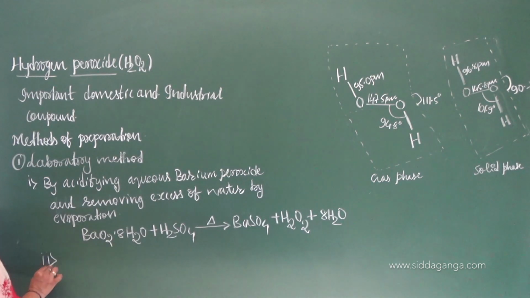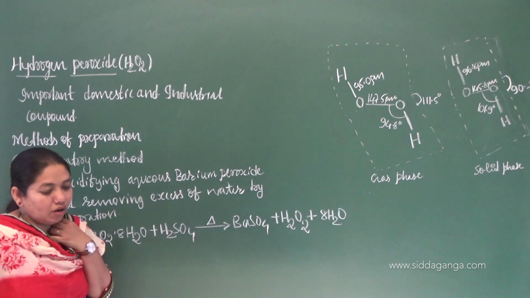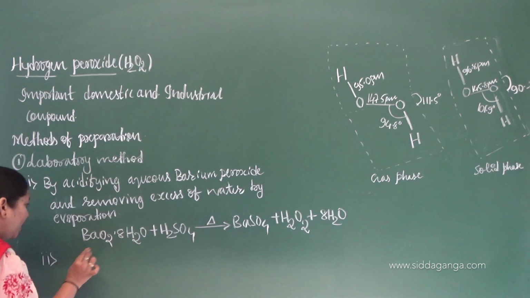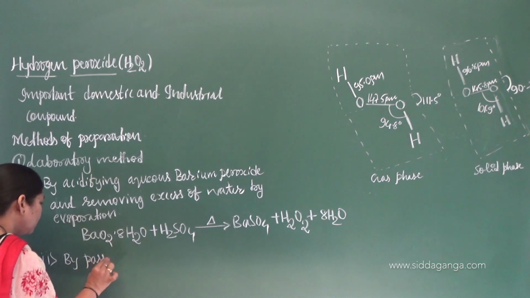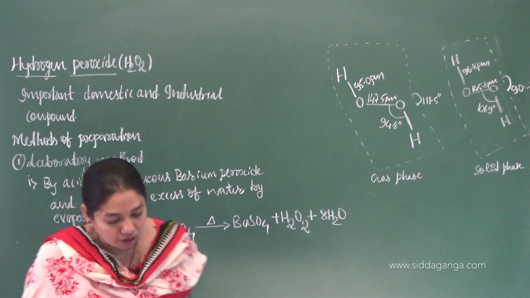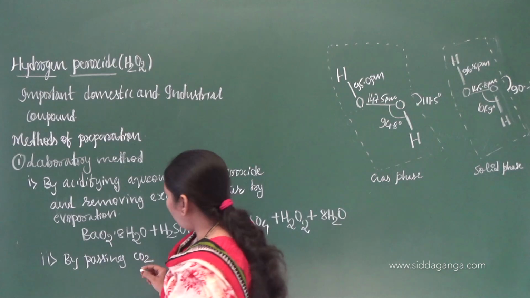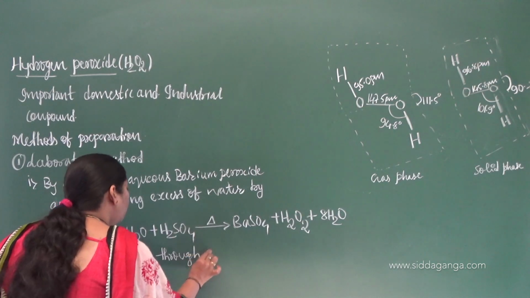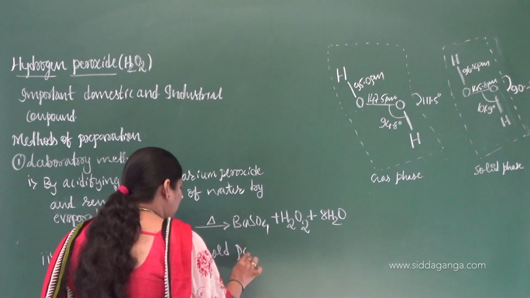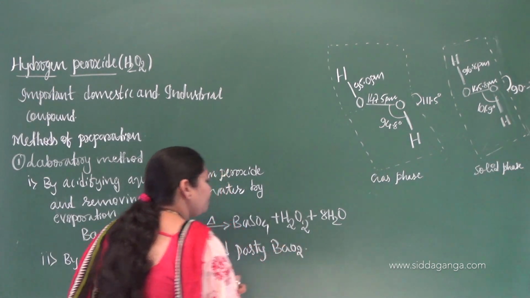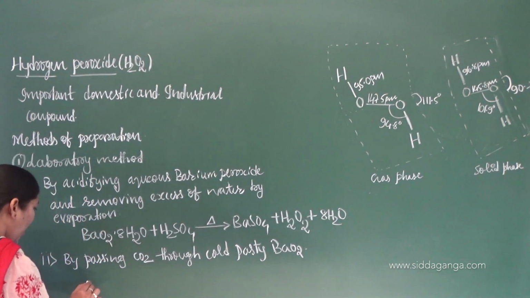Similarly, you have one more simple method. Here, for the same barium peroxide, by passing a current of carbon dioxide through cold pasty barium peroxide, you also get hydrogen peroxide.